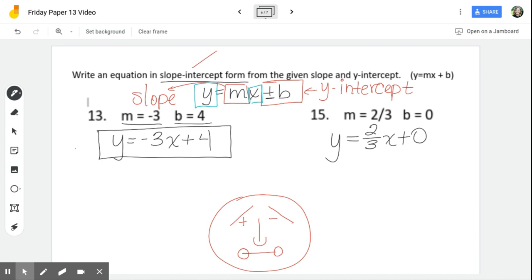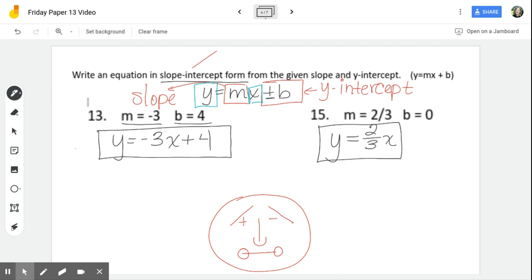Because anything plus 0, the identity property says any number plus 0 is itself. So I'm going to erase this. Okay, so the answer to 15 is y equals 2/3 x.